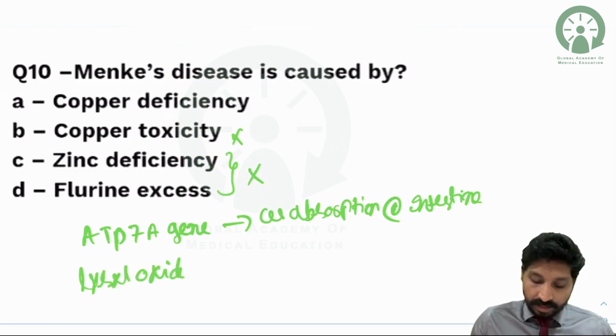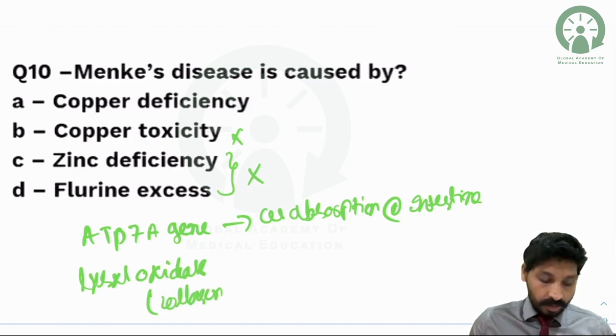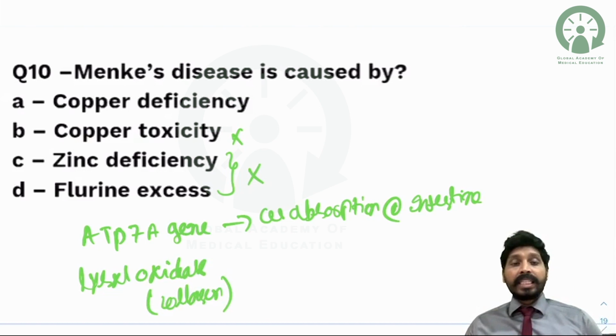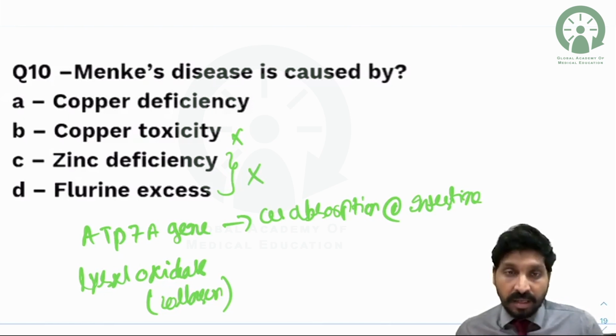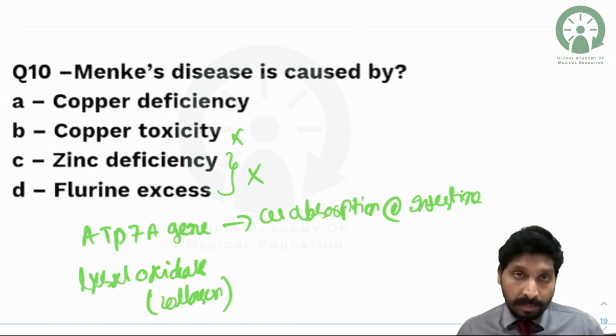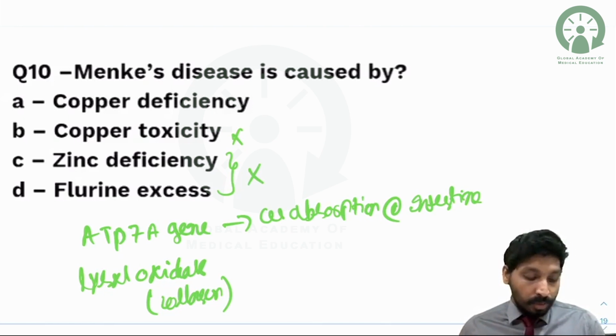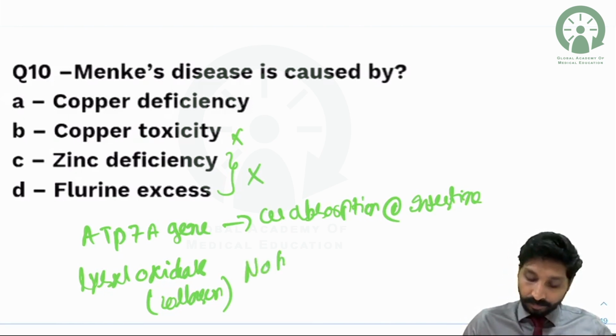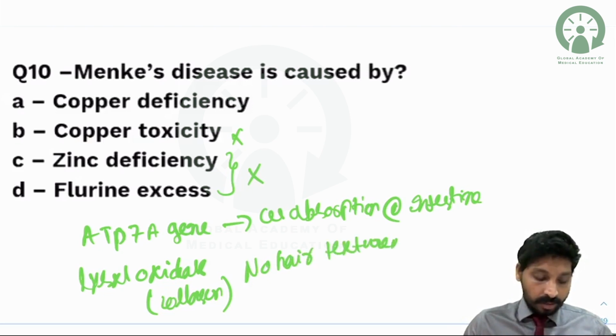Lysyl oxidase is the collagen maturing enzyme. So this copper absence makes lysyl oxidase inefficient, and collagen synthesis or collagen maturation will be hampered. So no collagen. So that's why no hair texture, no hair structure.